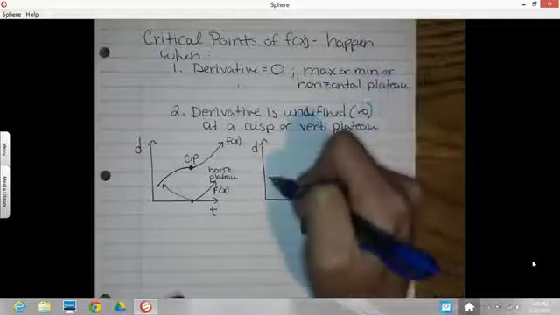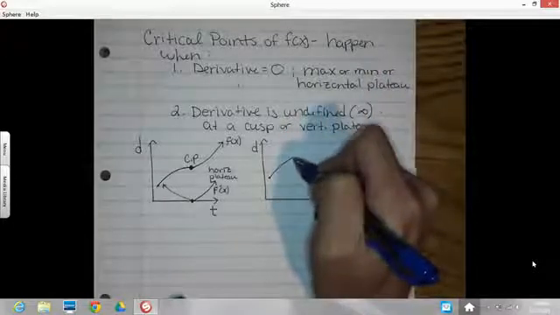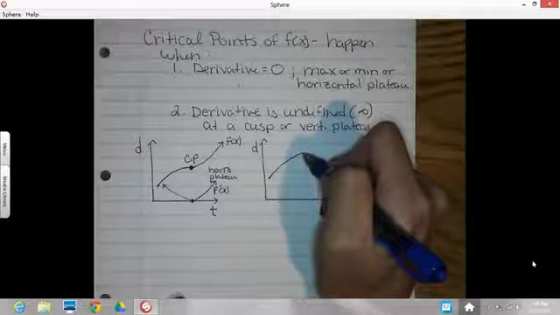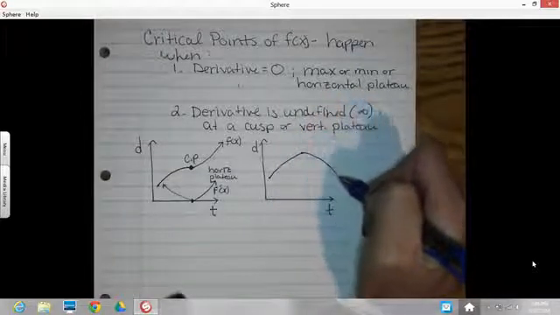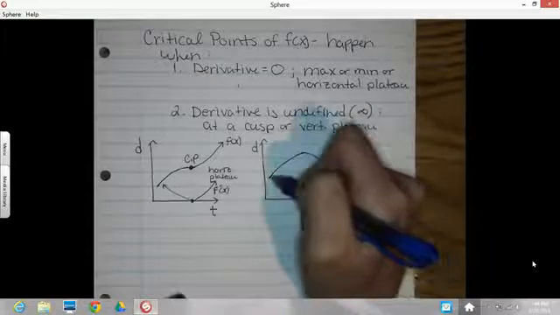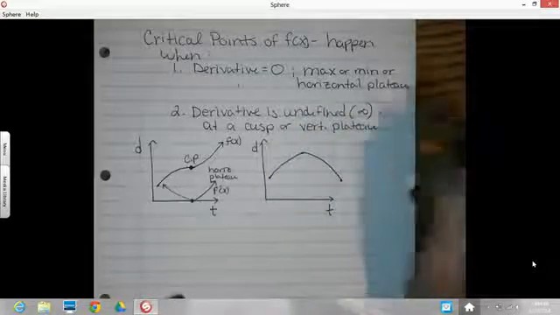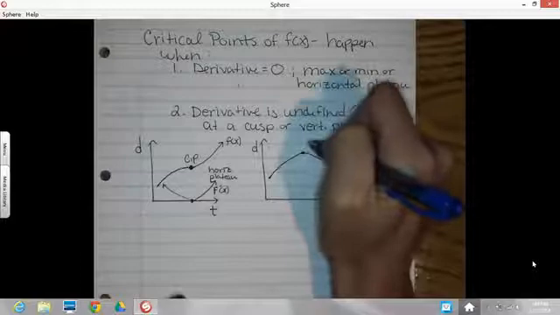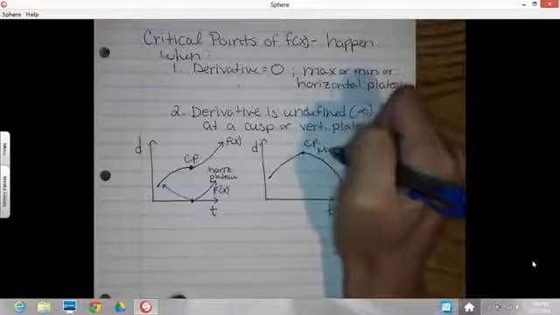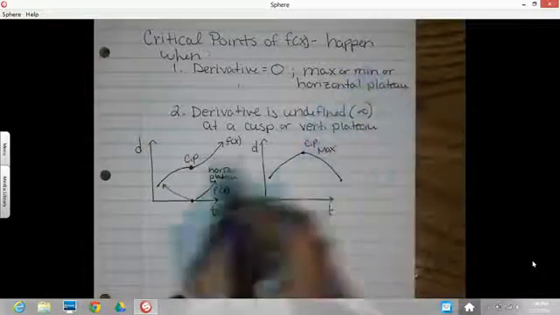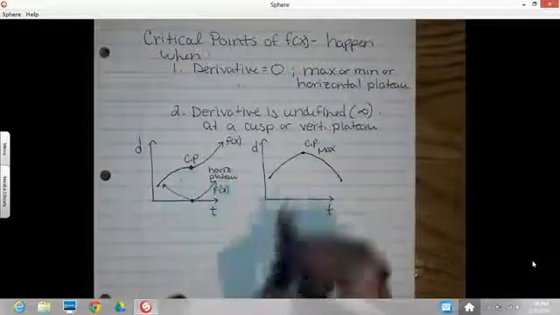Then you decide you miss me, so you're going to turn around and come back. So your distance back to me decreases. So we basically have an upside down parabola. We have this critical point here. This critical point would be a max. Here was our horizontal plateau. Here's our max.